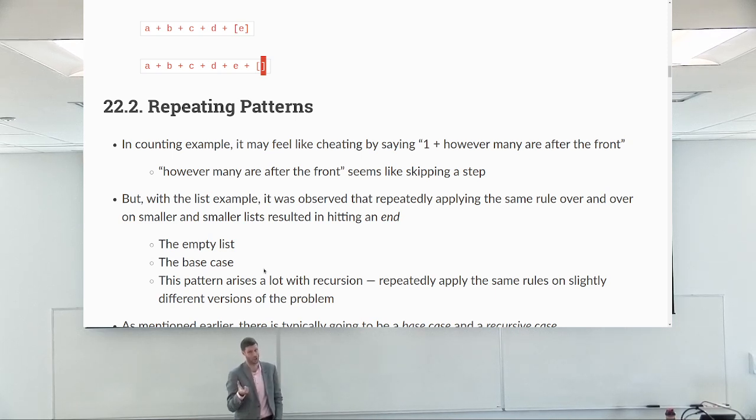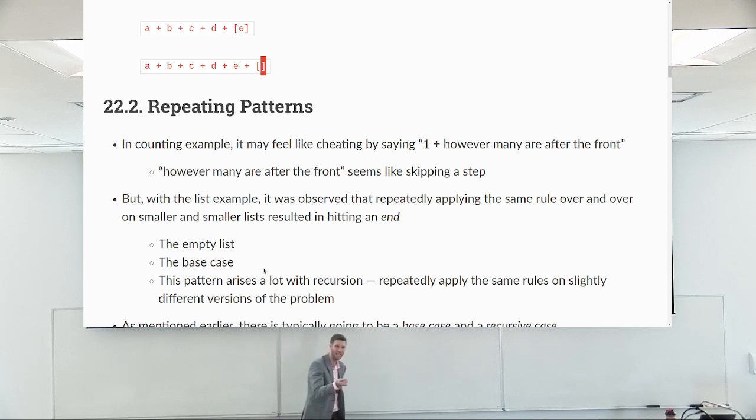We can't answer the whole question until that sub-question is answered. But like I said moments ago, that sub-question is the exact same question that was just asked. The only difference is it was asked on a slightly smaller version of the problem. It wasn't a list of 15, it was a list of 14 things. And then that list of 14 is going to ask the exact same question of a list of size 13. And so on and so on.